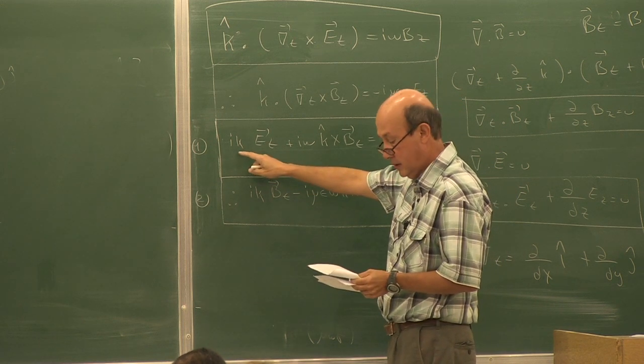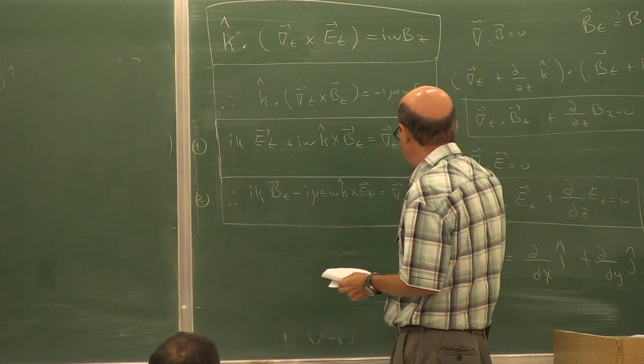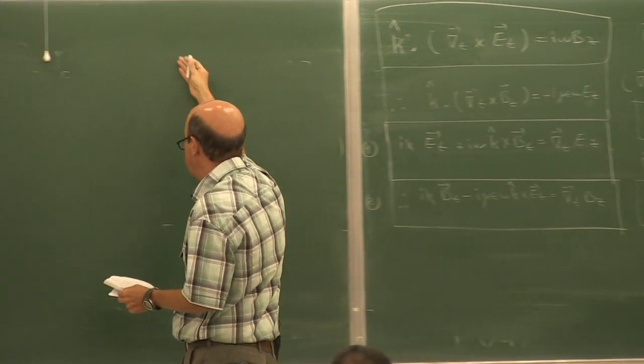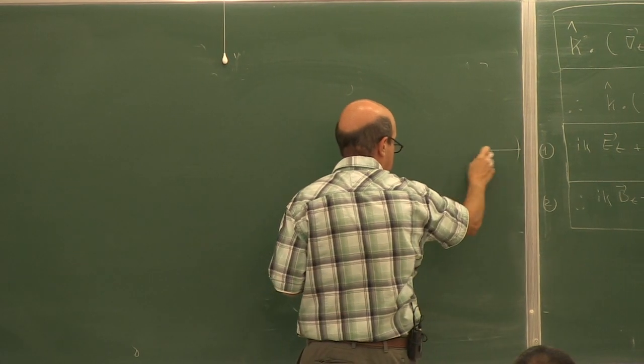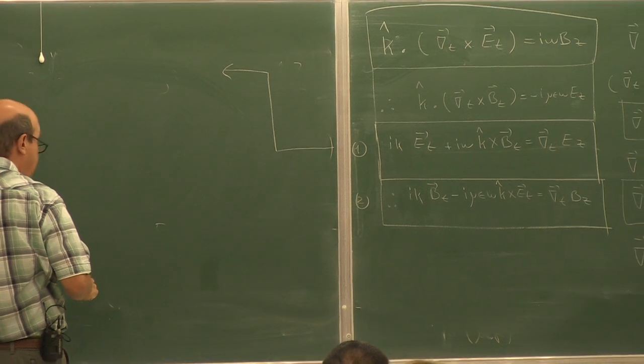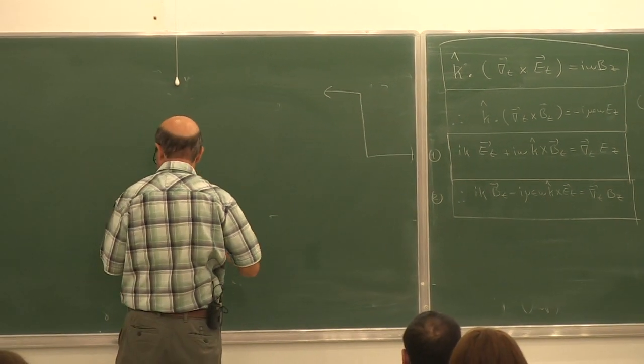What happens if you take the cross product of the first equation with the k unit vector? I'll do this, you will see. Take the first one and take the cross product with k.